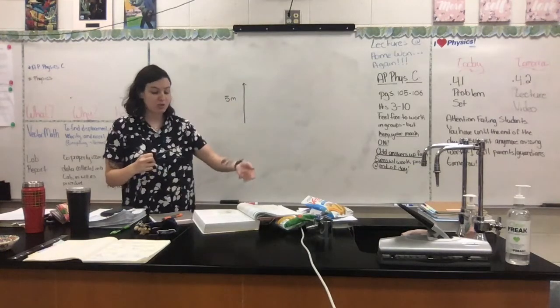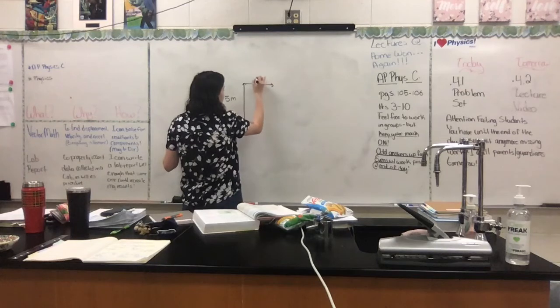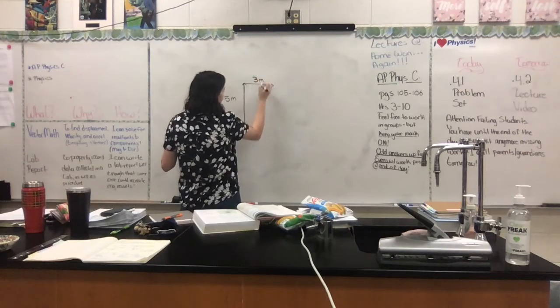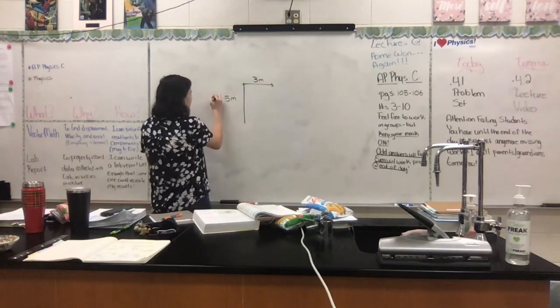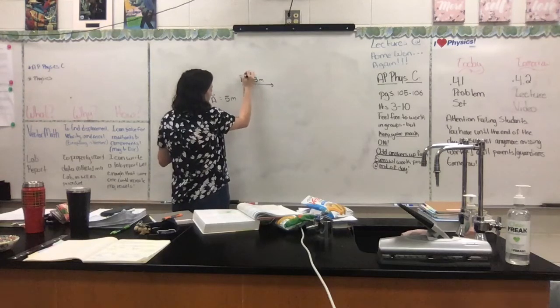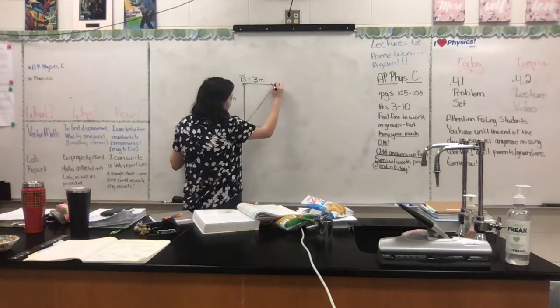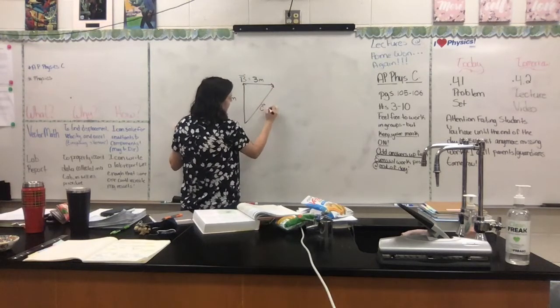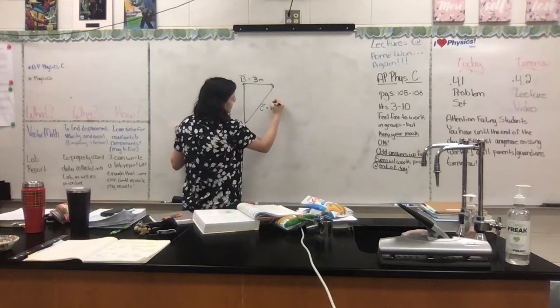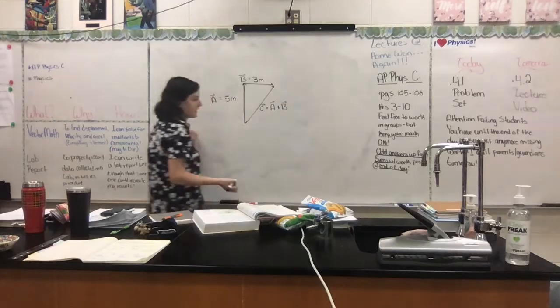Then after we walked north for 5 meters, we turned and we walked east for 3 meters, okay? This is going to be vector A, and this is going to be vector B. What we want to find is vector C, which is going to be equal to vector A plus vector B.